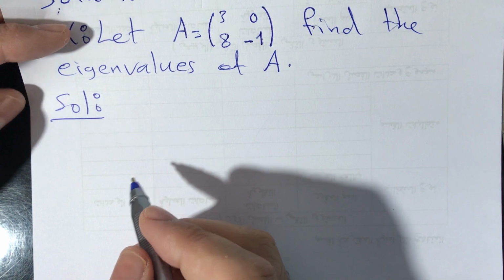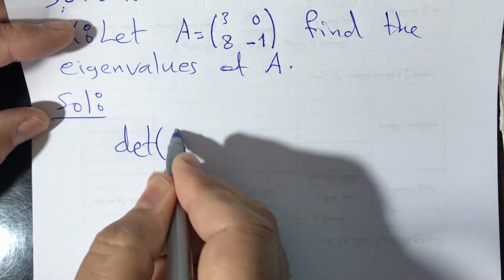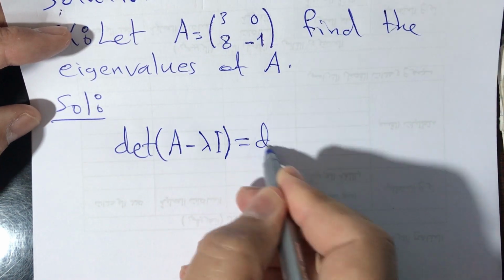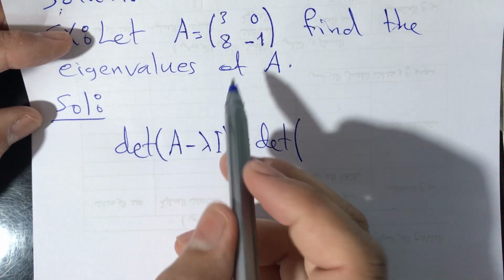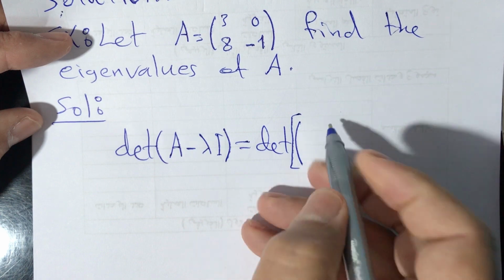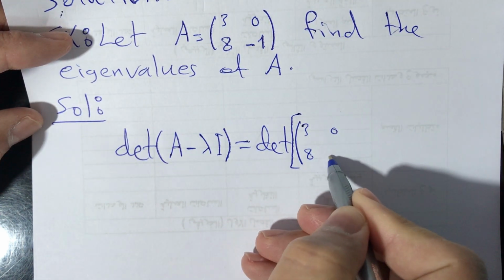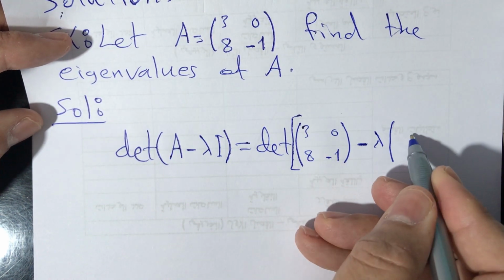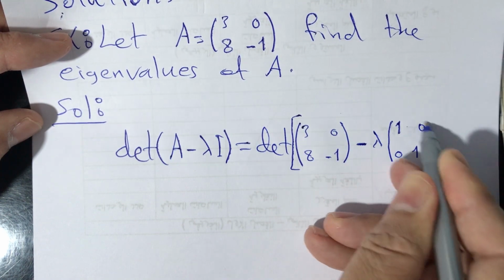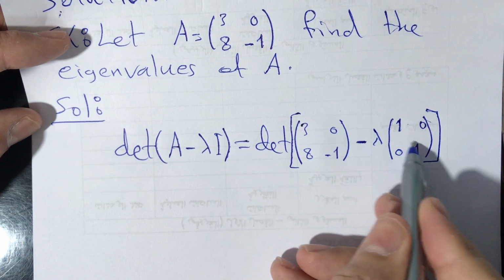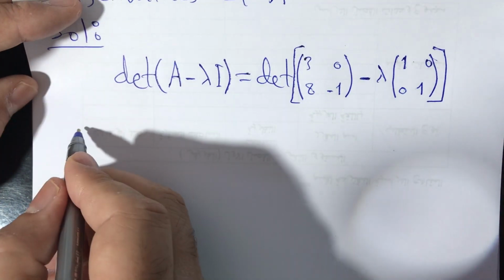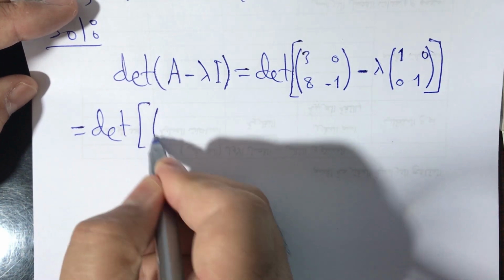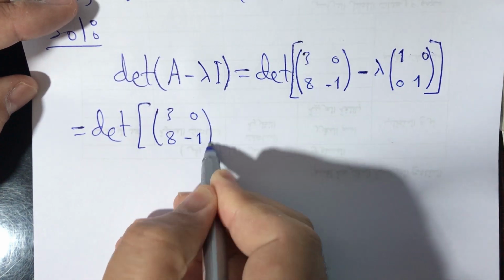Solution. First, we compute the determinant of A minus lambda I. This is the determinant of A, which is 3, 0, 8, minus 1, minus lambda times the identity matrix, 1, 0, 0, 1.